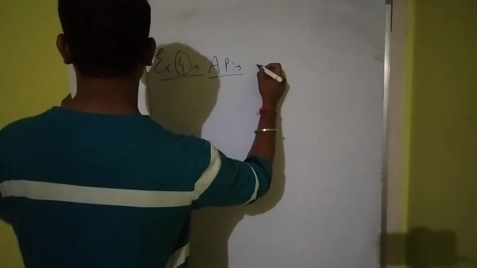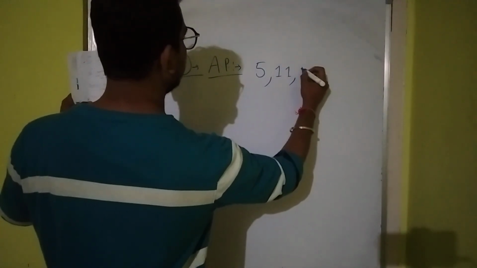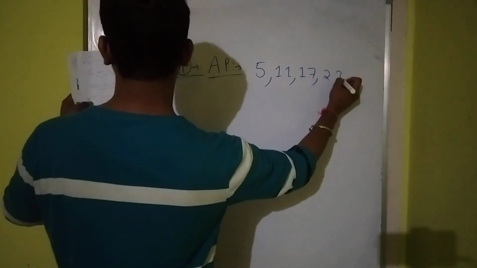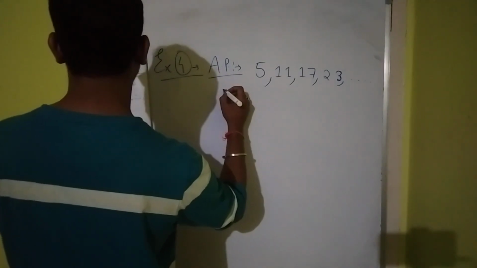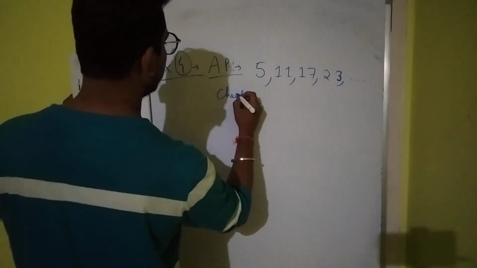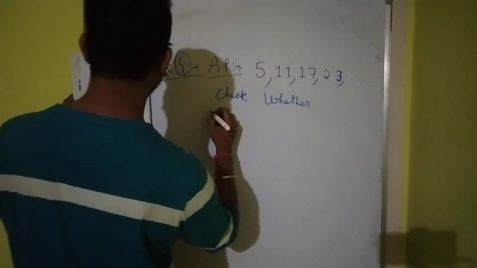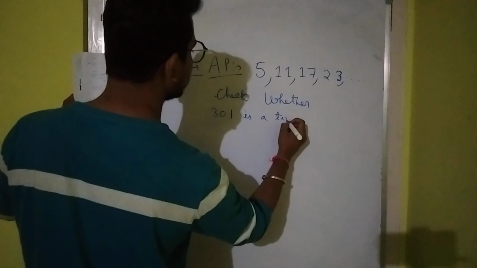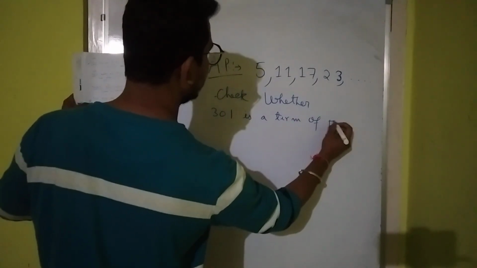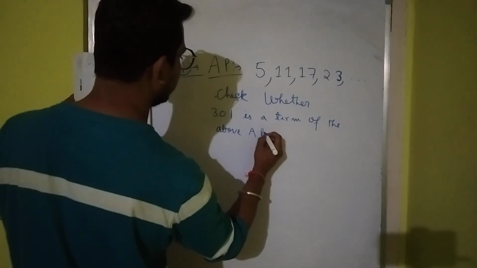Okay, say 5, 11, 17, 23 and so on. Check whether 301 is a term of the above AP.